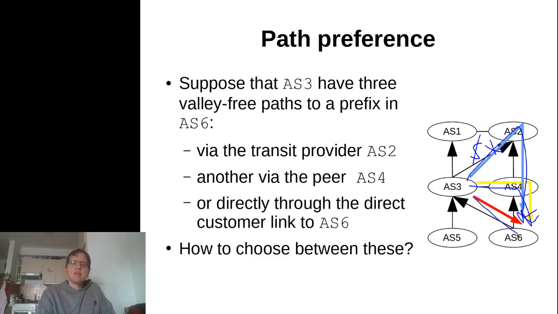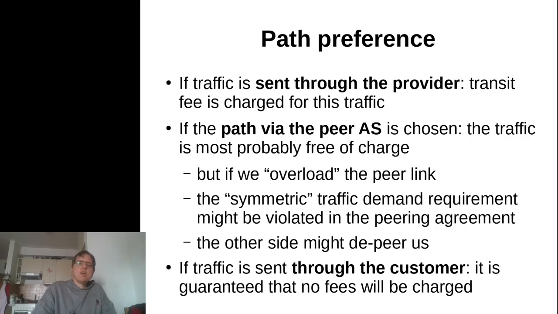And again, in this particular setup, there is a very simple path through AS6. In fact, if AS3 routes traffic along that path, it will actually be able to charge a transit fee because AS6 is its customer. So it will be very, very interested in using the dark blue link to reach AS6.